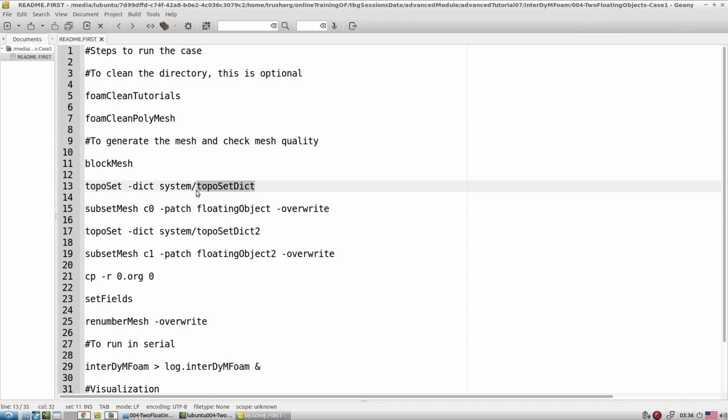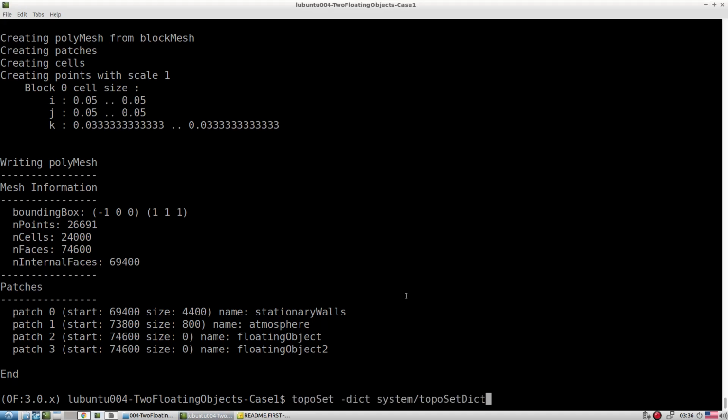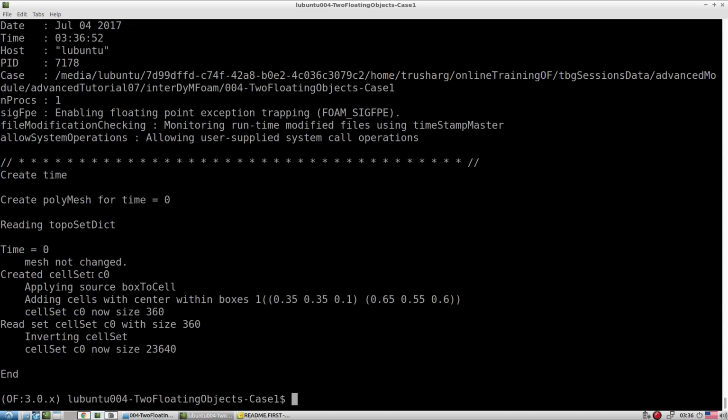Look, in the previous case we constructed only one object, so we worked with only one topoSet. Now we want to construct multiple objects. So we first use one topoSet, and we construct the C0 as a cell set, and we invert the cell set so that we remove that portion from that particular mesh. That is the idea.